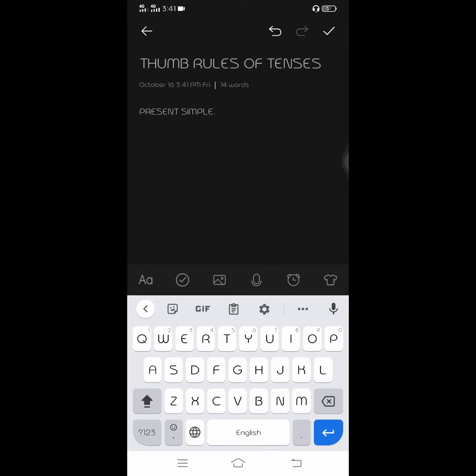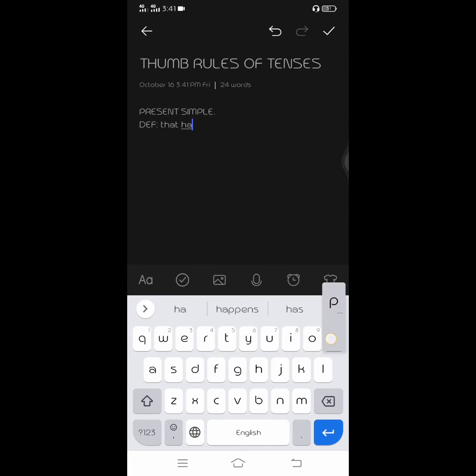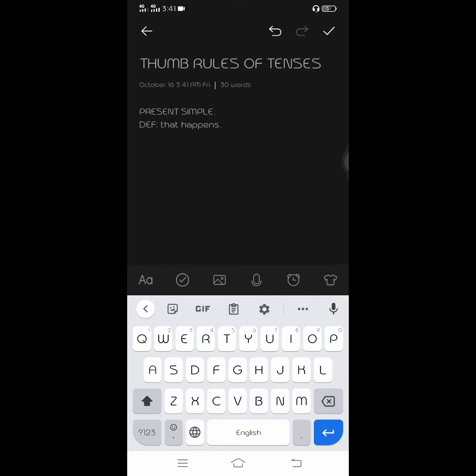You all know a definition, which is that happens gradually, habitually, or naturally. To keep it simple, we will have a two-word definition, which is that happens. So whatever happens, whenever happens, however happens.